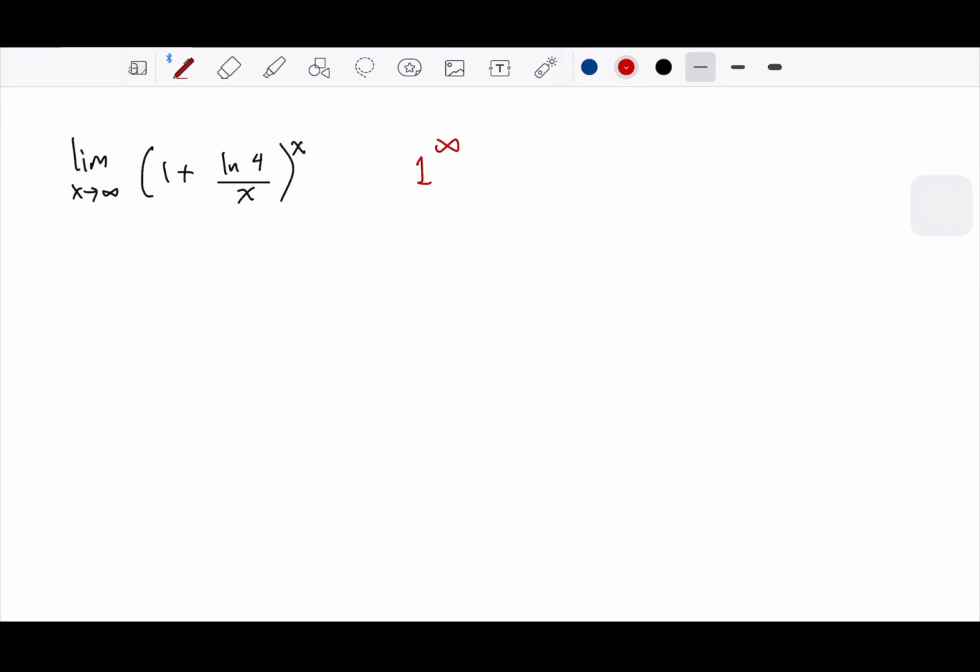So maybe you can write let y equal 1 plus ln 4 over x with power of x. And then we can solve this, and we take ln y, and then x ln.